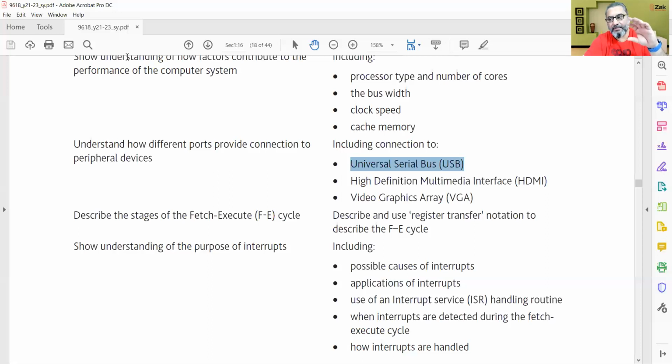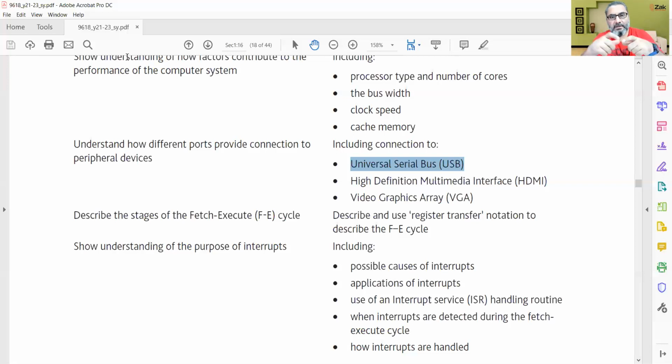So every different type of device was using a different kind of port. Since the inclusion and standardization of USB, almost all of the devices now use USB ports.